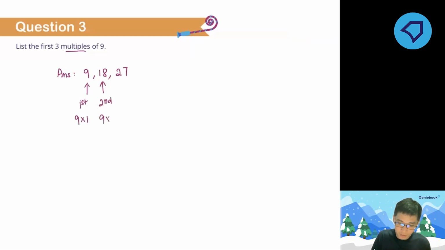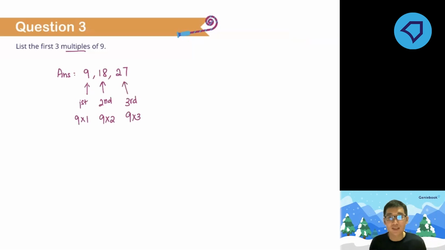The answer to this is simply 9, 18, and 27. Easy? It's just your multiplication table of the number. This is the first multiple of 9 because this is 9 times 1. This is the second multiple of 9 because this is 9 times 2. This is the third multiple of 9 because this is 9 times 3.